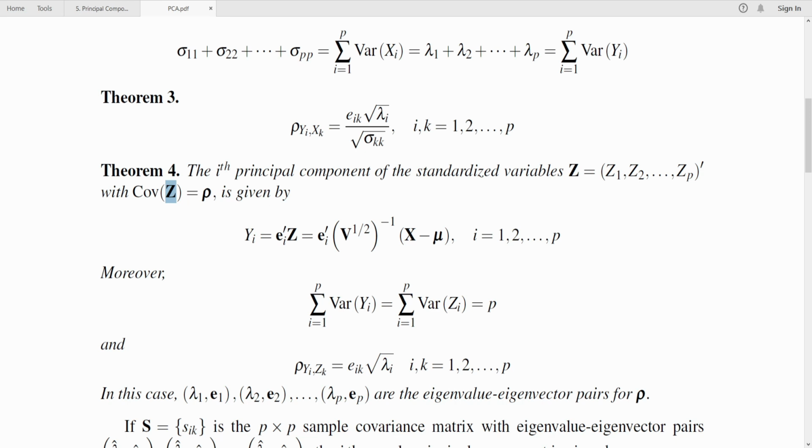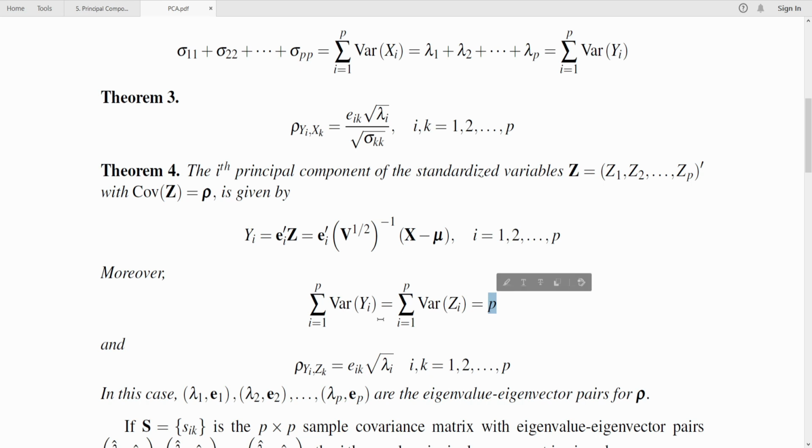What we gain by looking at the standardized variables is that the variance of each of those variables is 1. From the previous result, we know that the sum of the variances of our zi's is equal to 1 plus 1 plus 1, p times, so it is going to be p.